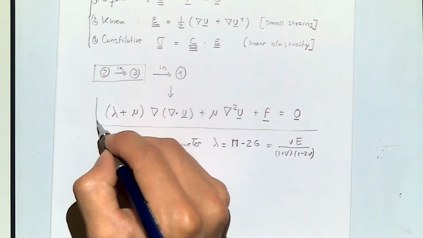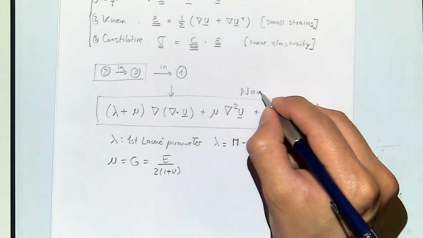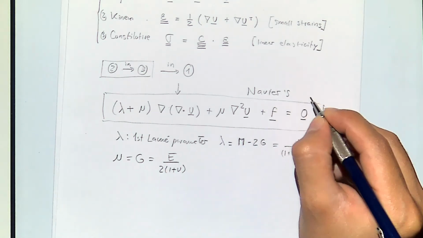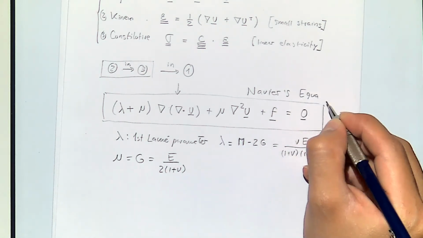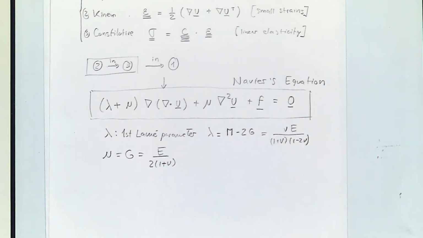This equation here is what is called Navier's equation for linear elasticity. In this case, this is linear isotropic elasticity because we just have 2 parameters, and that fully defines this medium.